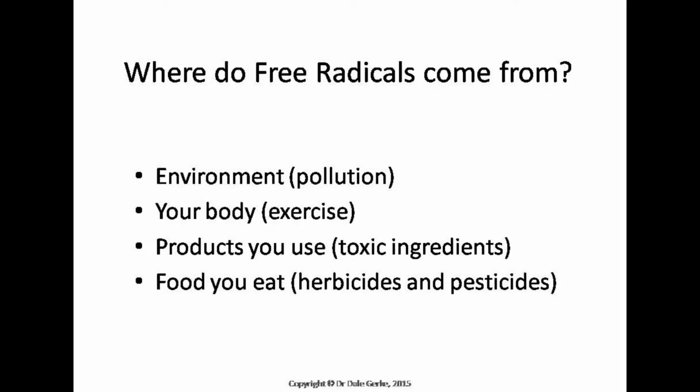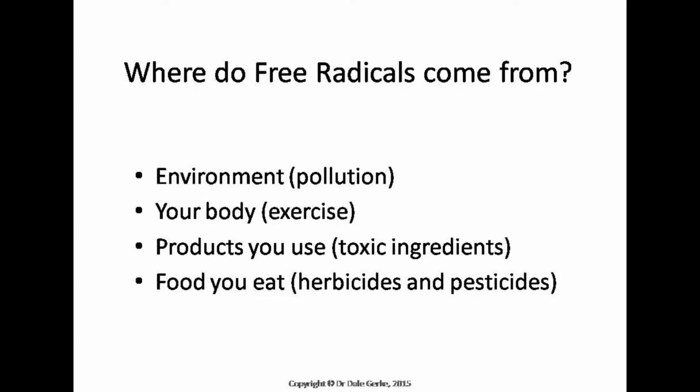Now, strangely enough, the body also produces free radicals, particularly when you exercise excessively. So the body, in its daily metabolisms, will always produce free radicals. And then there are products that you can use, either taking products in or painting them on your body or using shampoos or whatever.